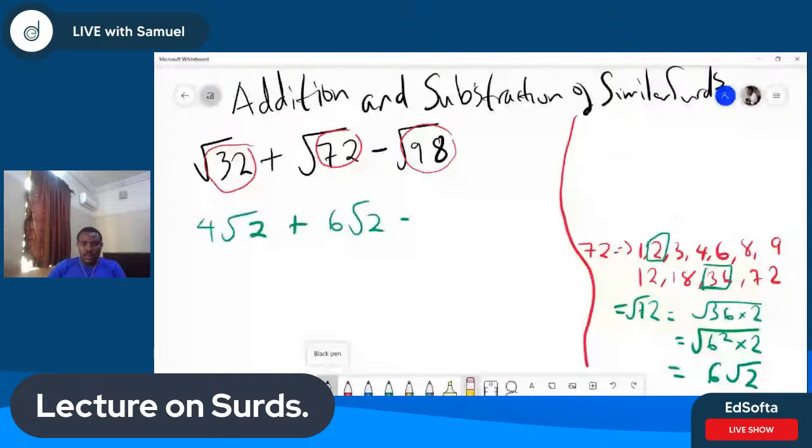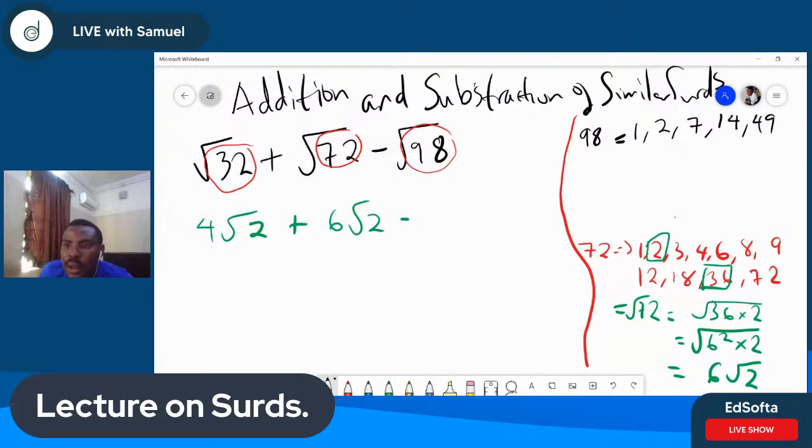So for 98, we know that 98 has factors 1, 2, 7, 14, 49, and 98.